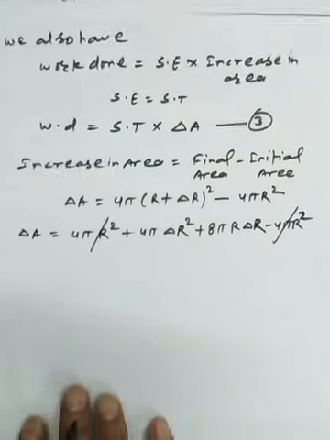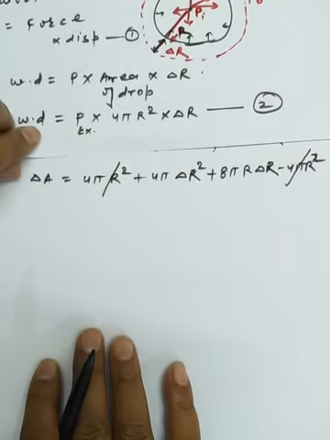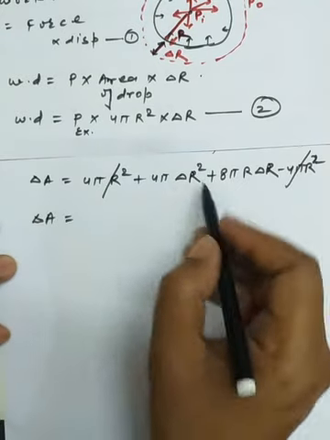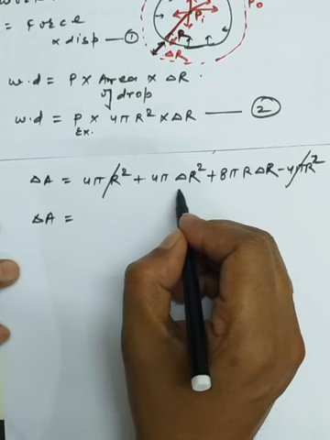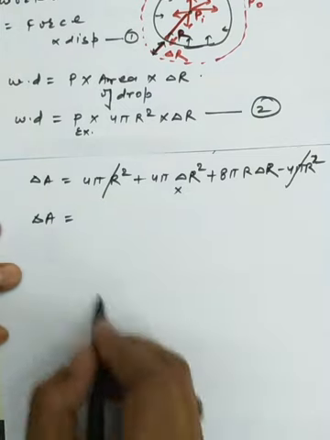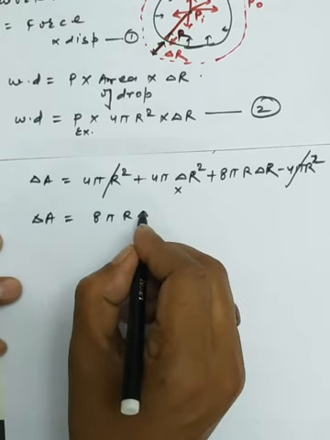Okay, so how can we use the concept of the increase in area, delta A? Here we can neglect the delta r square term because it is of the order of a millimeter, so this term can be neglected. So delta A is 8 pi r delta r.